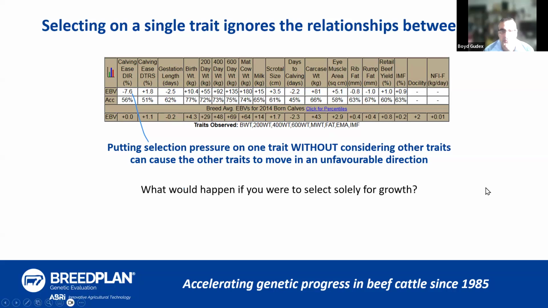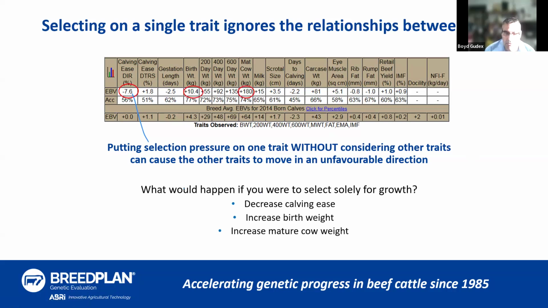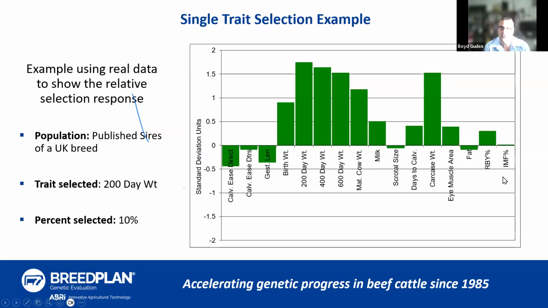So in beef cattle, if we were to select solely on growth, we would decrease calving ease, increase birth weight, increase mature cow weight, and get leaner cattle. To illustrate this, I used the published size of a UK breed and selected the top 10% and compared them against the whole population, to get the relative selection response you see on the screen here.